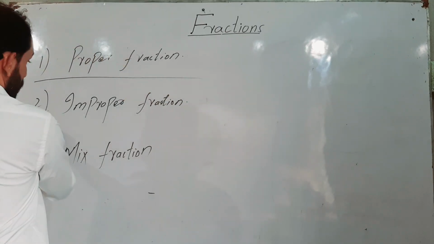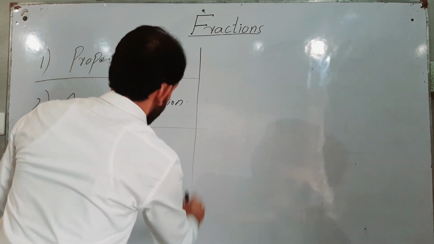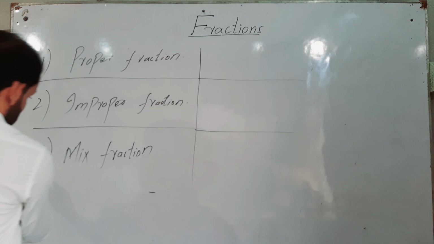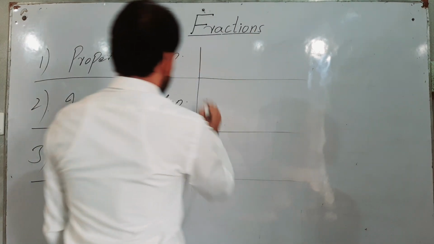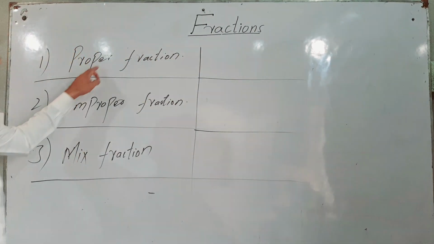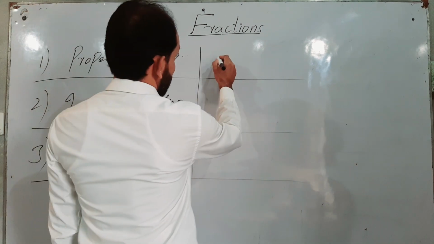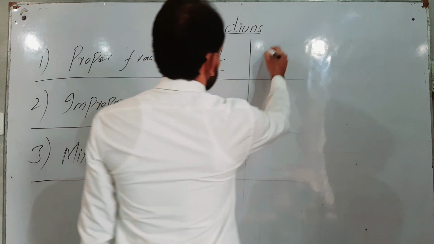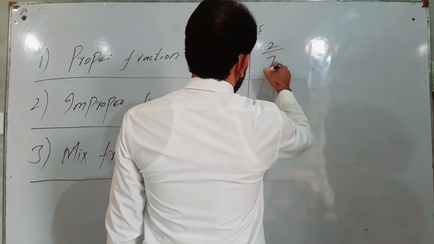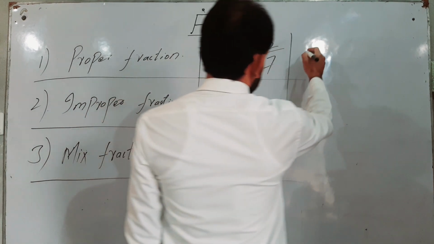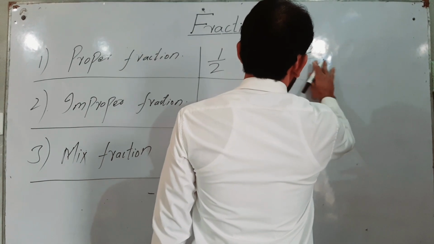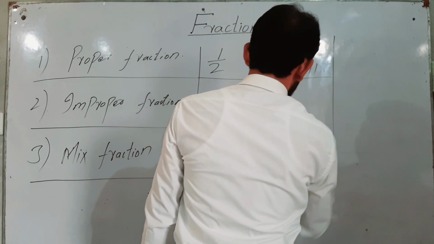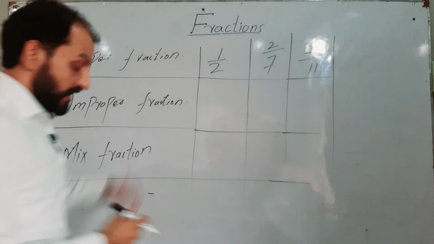The examples of proper fractions are 1 by 2, 2 by 7, 3 by 11. These are the examples of proper fractions.